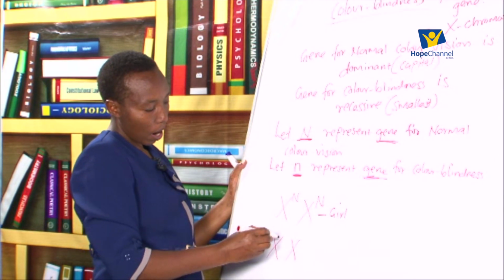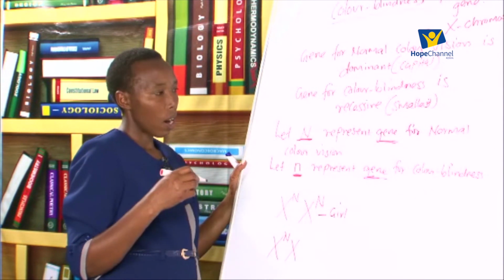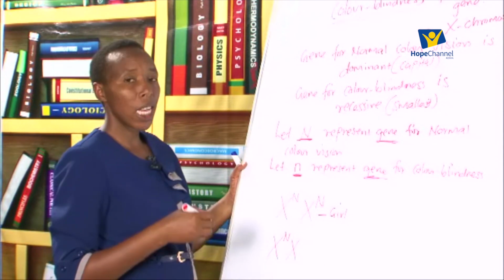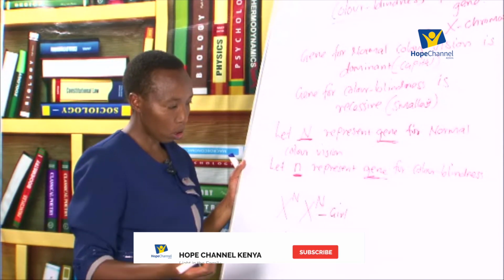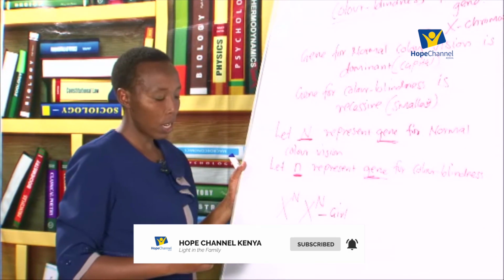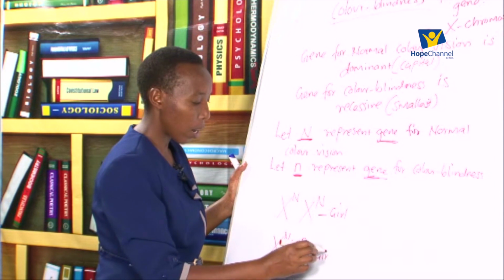Then we have another girl who has normal color vision, but is in heterozygous condition. So we say she is going to carry the gene which is recessive.